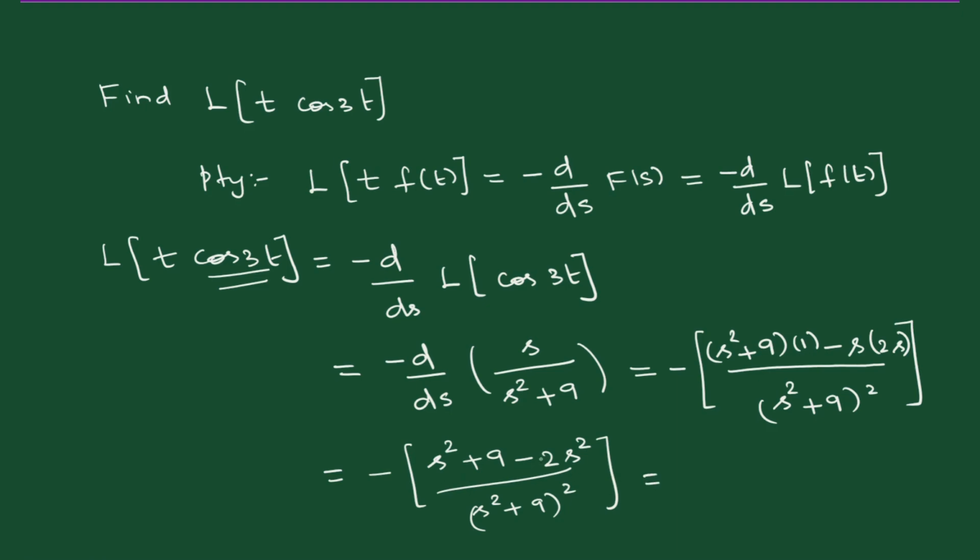So here s square minus 2s square is minus s square. Already one minus is outside, so that we can make it as s square minus 9 divided by s square plus 9 the whole square. So this is the answer for L of t into cos 3t.